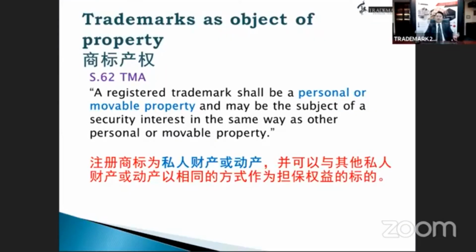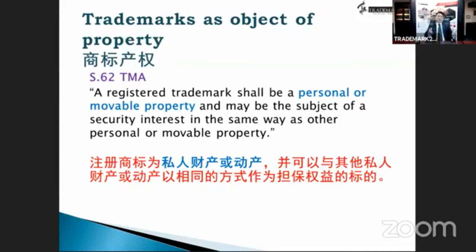Okay, now we come to trademark as an object of property. If your dad owns a very well-known trademark and he doesn't want to pass on and leave you all his property, real estate, never mind, you can ask him to assign the registered trademark to you.